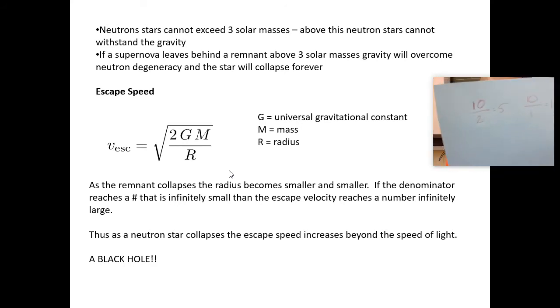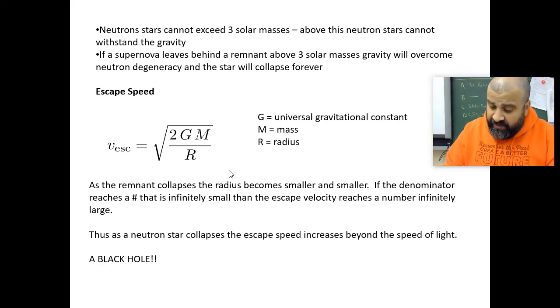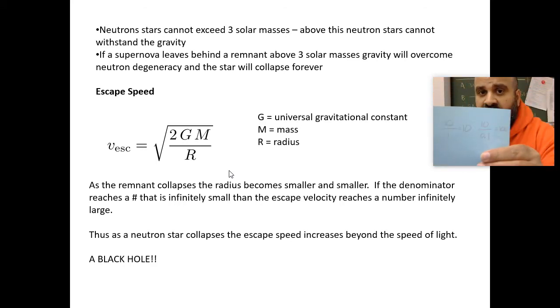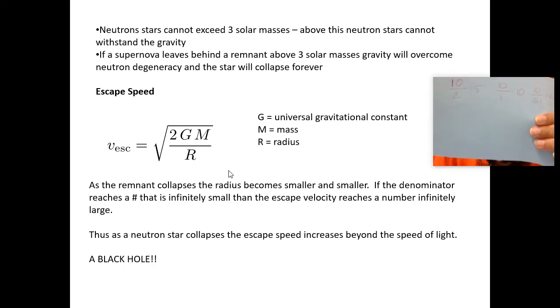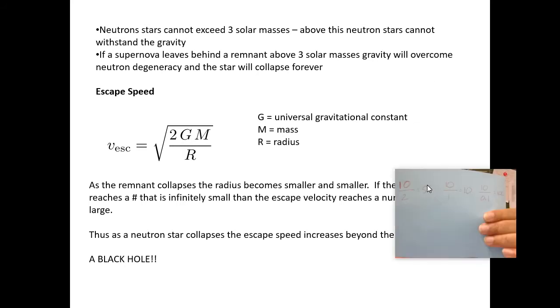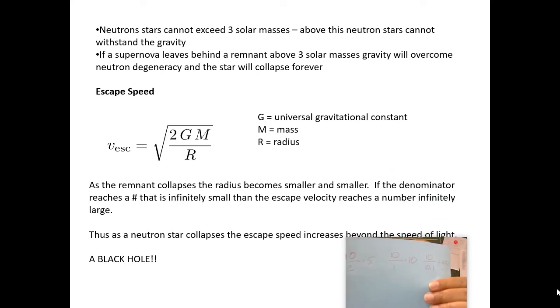It's collapsed even further to 0.1. So what is our escape velocity now? 10 divided by 0.1 is 100.